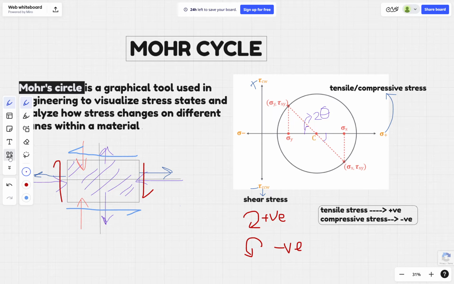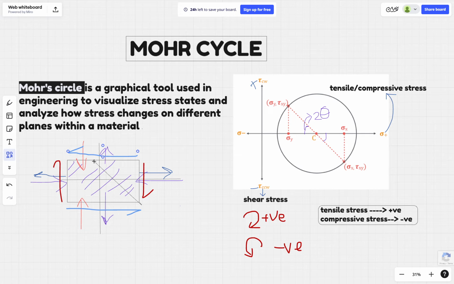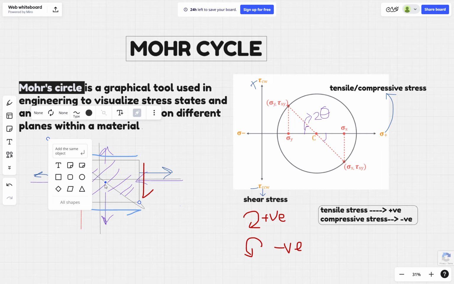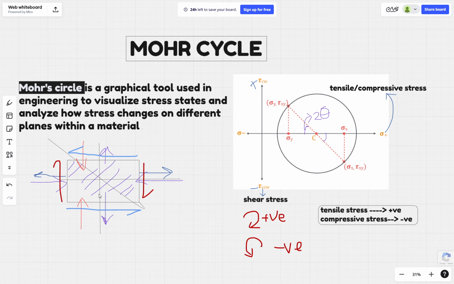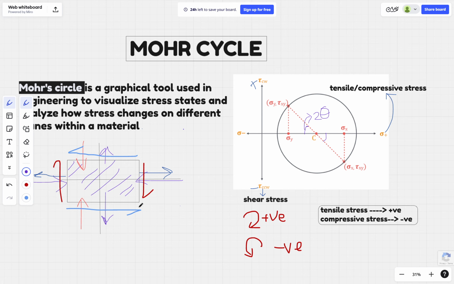Let me show you. The value of theta will be the angle that is being made from, okay, once again let me change the color. Just imagine that this is a straight line.